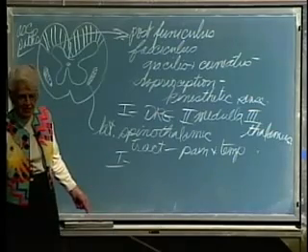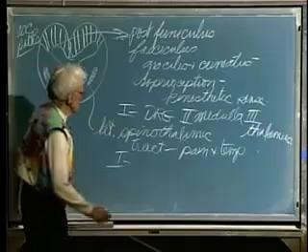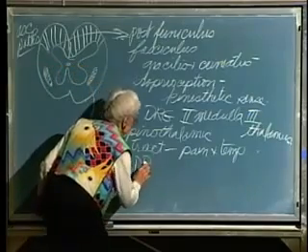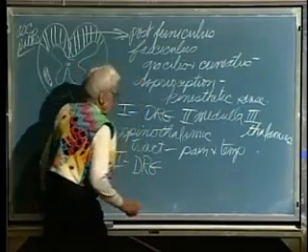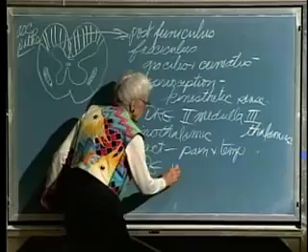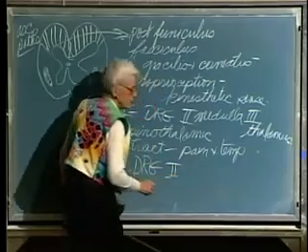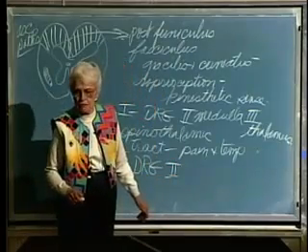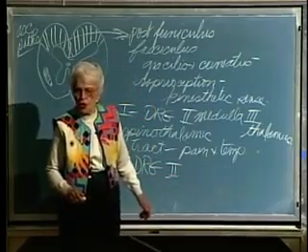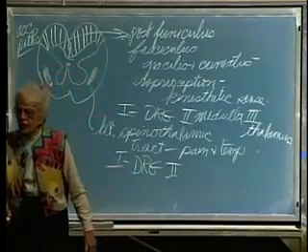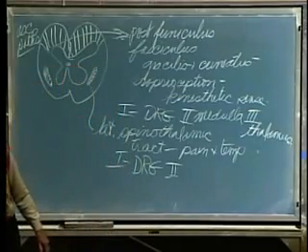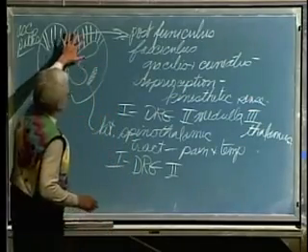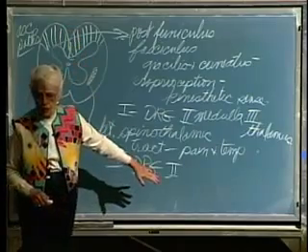The DRG, sure. And then the second one was where? No, that was the second one for the proprioception in the posterior funiculus. This one, it's an exception. Where is it?